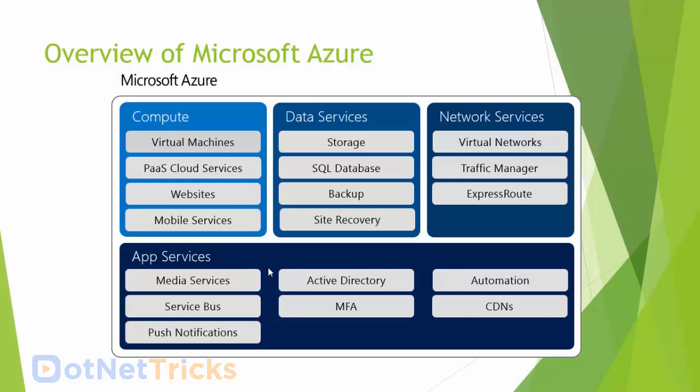In Microsoft we call it Microsoft Azure. Microsoft Azure is a cloud offering from Microsoft that enables individuals and organizations to create, deploy and operate cloud-based application and infrastructure services.